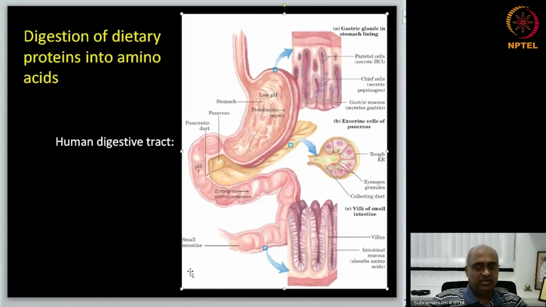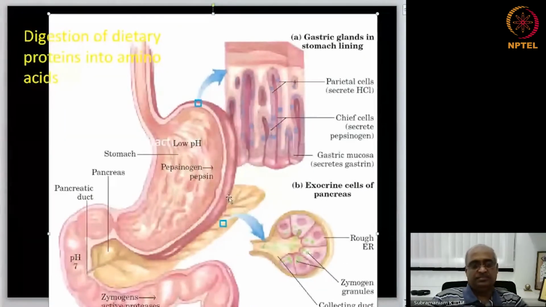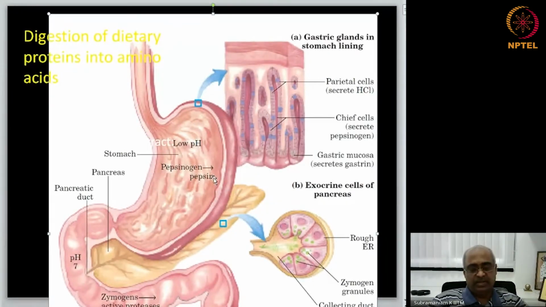Okay, so I'll just blow it up a little bit so that it's easier to see. So this again we saw when we were learning about enzymes and enzyme regulation. Day before yesterday, for example, we recollected protein modification, how covalent modification can activate or inactivate enzymes.